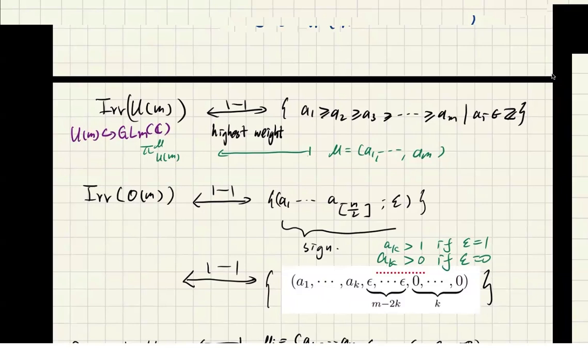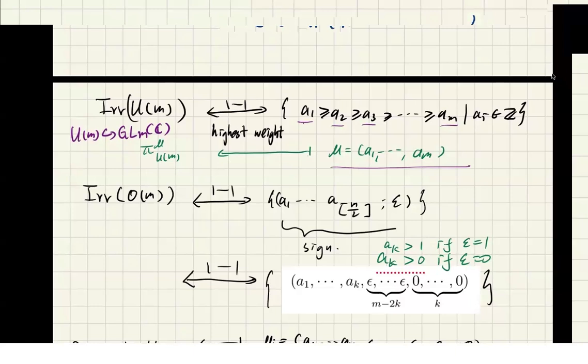So the dominant chamber is given by this kind of inequalities, a requirement on these numbers. So the highest weight is parameterized by a chain of decreasing integers. An irreducible representation of U(m) is parameterized by a chain of integers a_1 to a_m, so that a_1 is bigger than or equal to a_2, bigger than or equal to a_3.